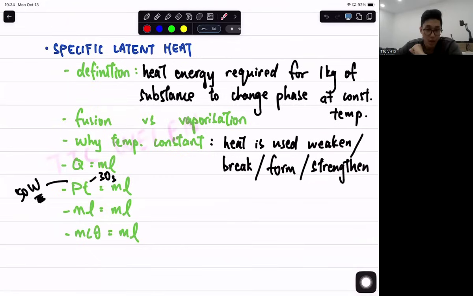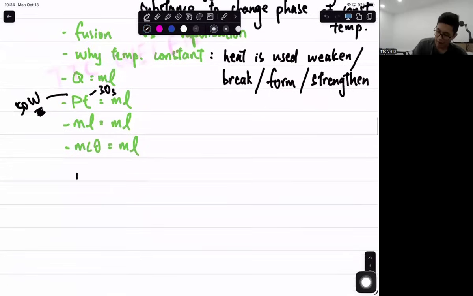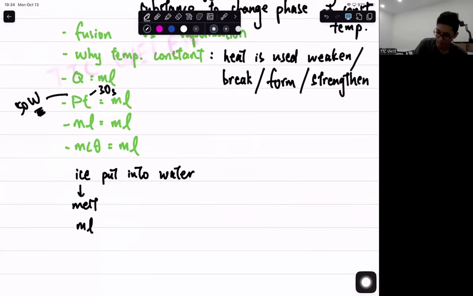But let's say one of the objects becomes cold, the other object changes phase, then you use mc theta equals to ml. For example, ice put into water. Okay? So the ice will melt. Then that one is ml. The water becomes cold. The water never changes phase, so that one is the mc theta. Okay?